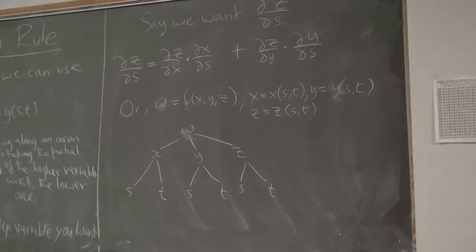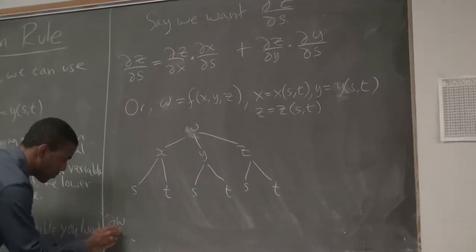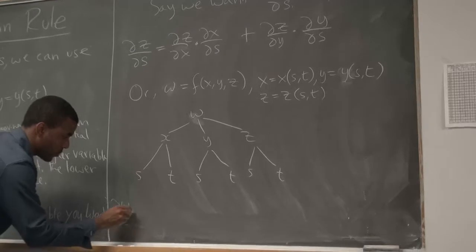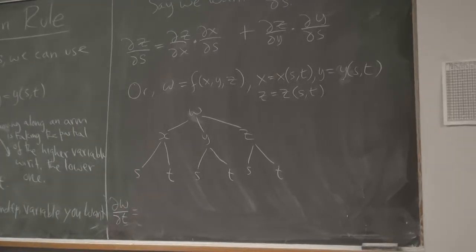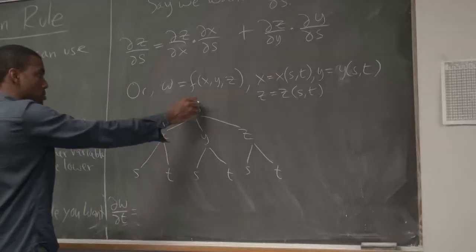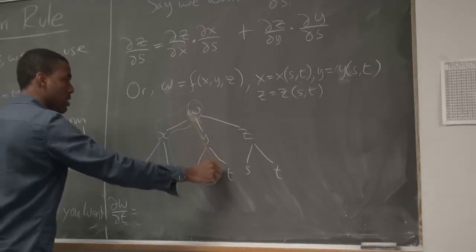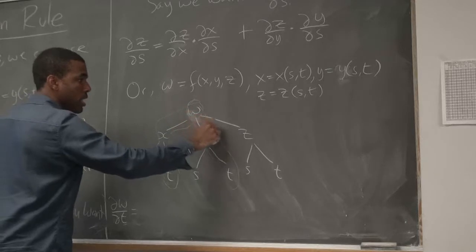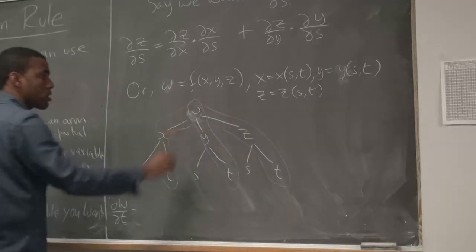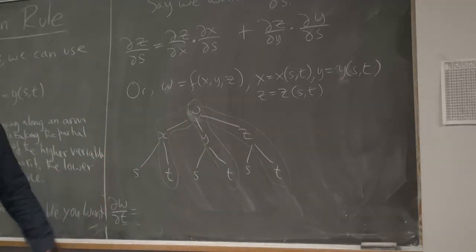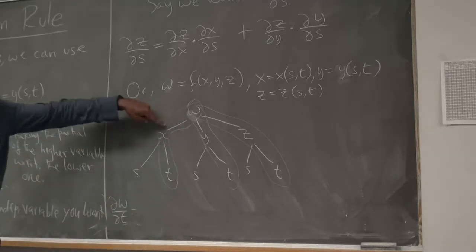So if I wanted to find the partial with respect to t, I look at all paths where I can get to the t's. Right? Starting from w, I can go this path and get a t, or I can go this path and get a t, or I can go that path and get a t. There are three arms, which means I should have a sum of three terms, and then each arm gives me a partial.